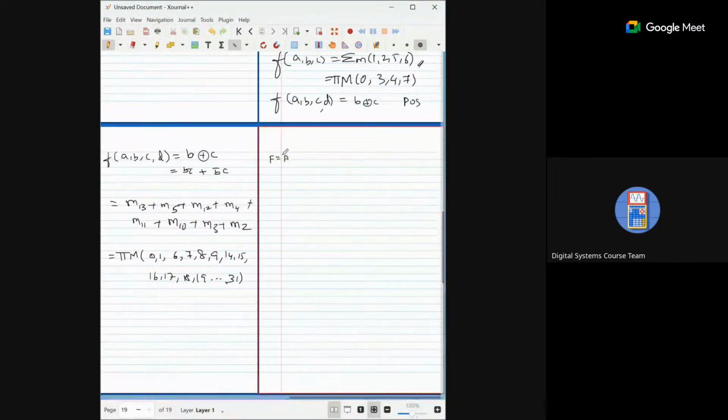Equal to A bar, B bar, C bar, D bar plus A bar, B bar, C bar, D plus A bar, B bar, C, D bar plus A, B bar, C, D plus A bar, B, C bar, D plus. So what is the simplified format?